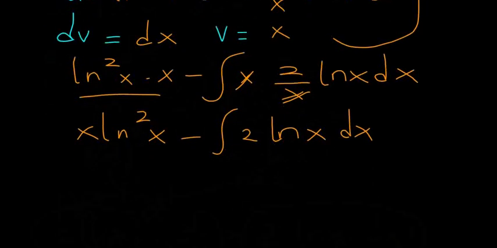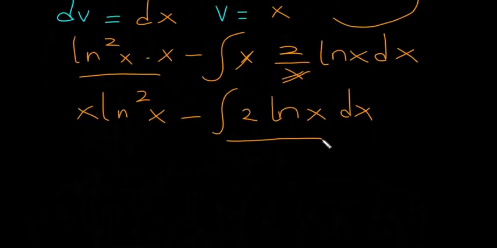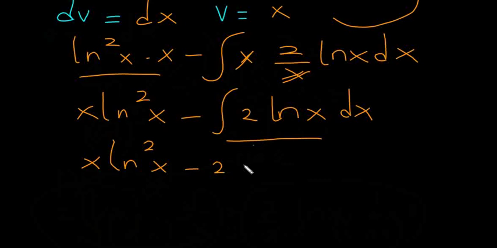Let me write it afresh. We have x ln squared x minus 2 times the integral of ln x.